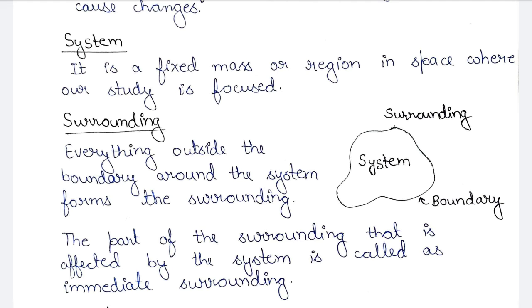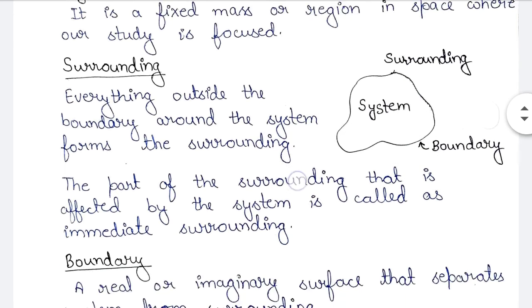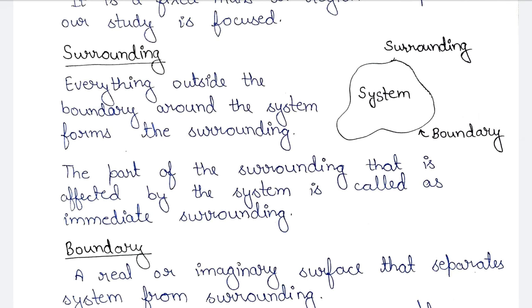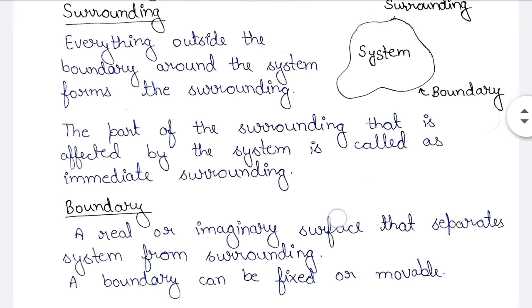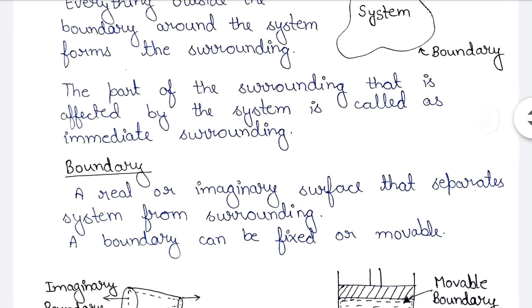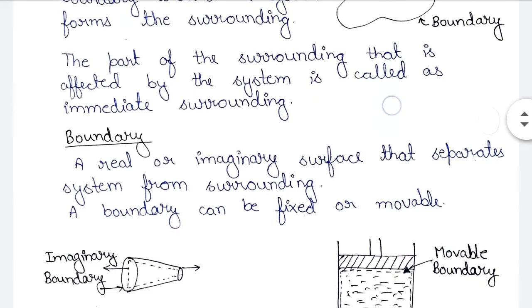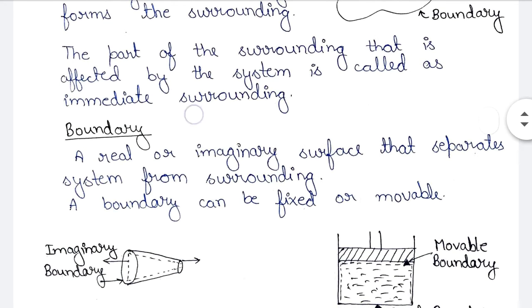As you can see in this diagram, the system is bounded by a boundary, and outside the system, everything is called the surroundings. So, everything outside the system boundary is called the surrounding. One thing you have to keep in mind is that the part of the surrounding that is affected by the system is called the immediate surrounding.